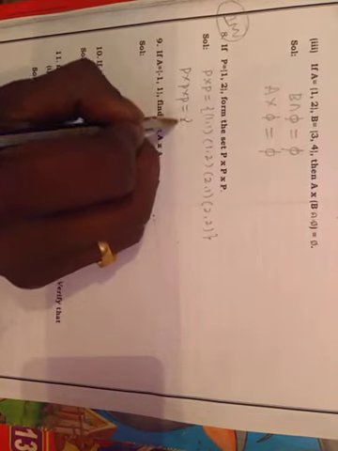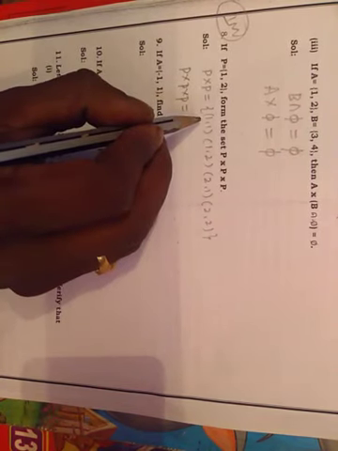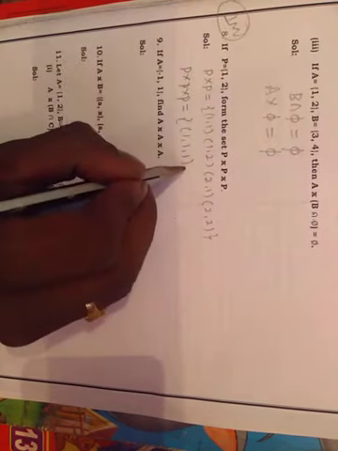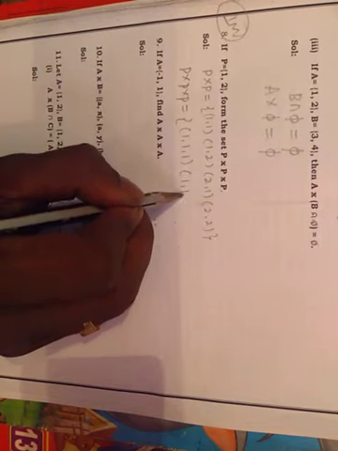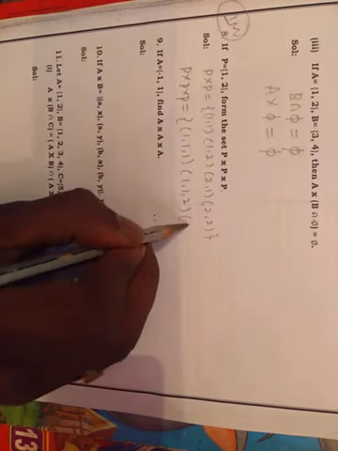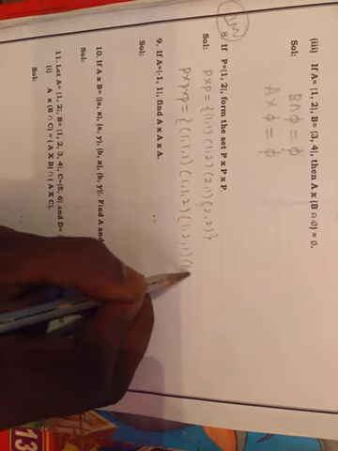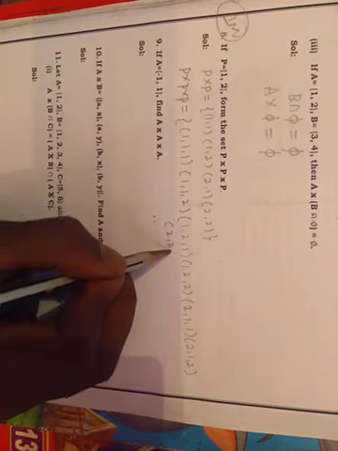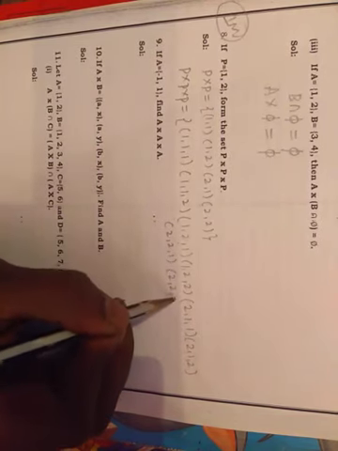Again P cross P cross P. Then what happens? (1, 1, 1), (1, 1, 2), (1, 2, 1), (1, 2, 2), (2, 1, 1), (2, 1, 2), (2, 2, 1), (2, 2, 2).